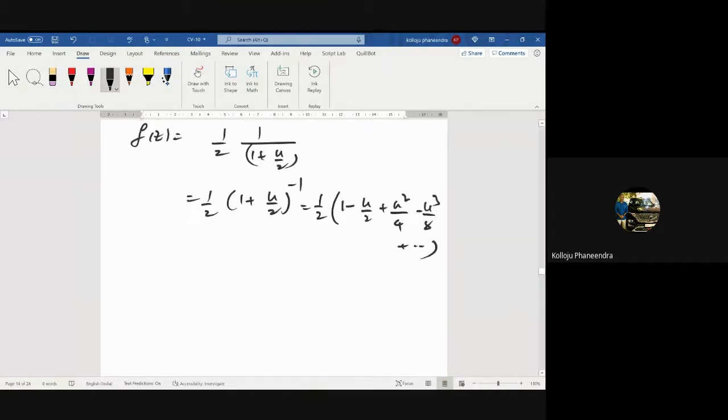So f of z equals 1 by 2 minus u by 4 plus u square by 8 minus u cube by 16 and so on.